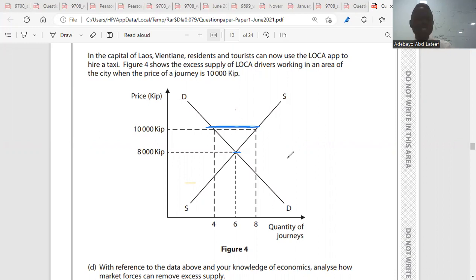Then to correct this excess supply, first, what are market forces? Market forces are the demand for and the supply of labor, or the demand for and the supply of a product. So to correct the excess supply in this market, the price has to be reduced back to 8,000, where we have the market equilibrium. This is the point of market equilibrium.